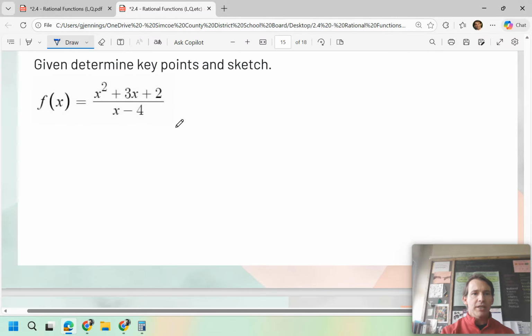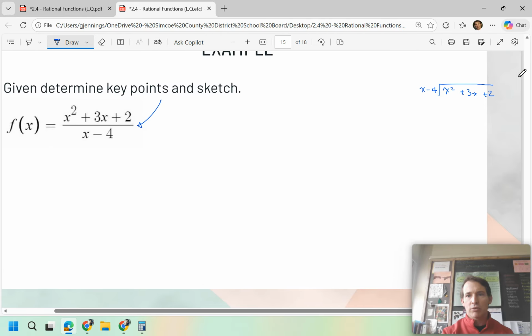One thing I can look at is, I wonder what would happen if I actually do this division. Let's do it. I set it up over here: x minus 4 dividing into x squared plus 3x plus 2.